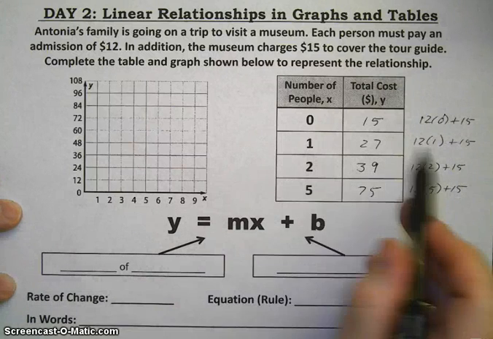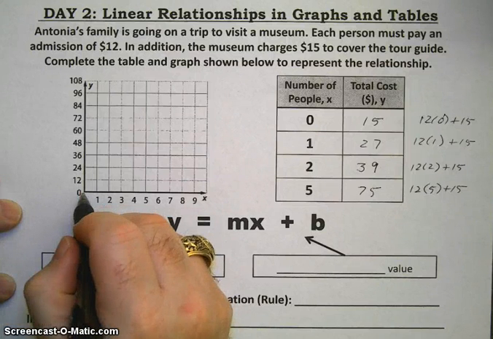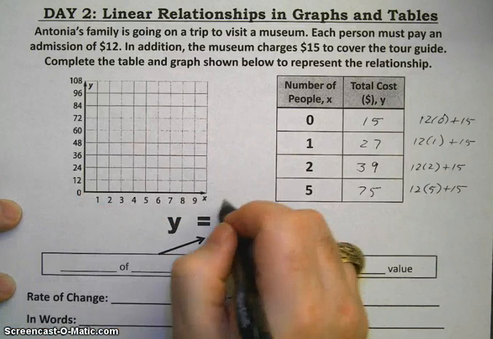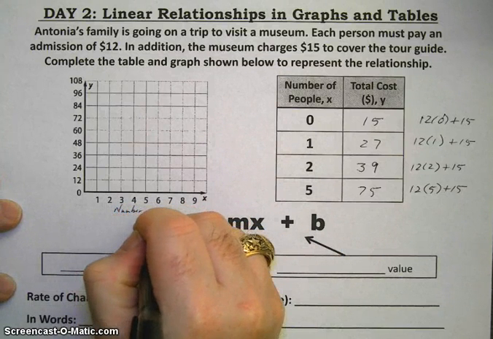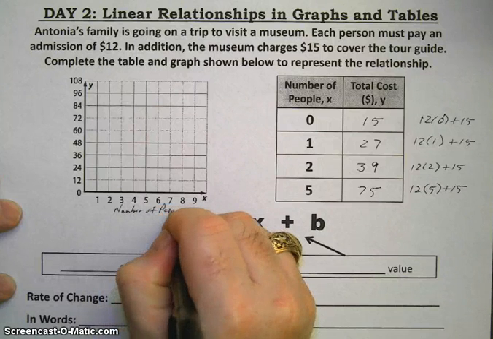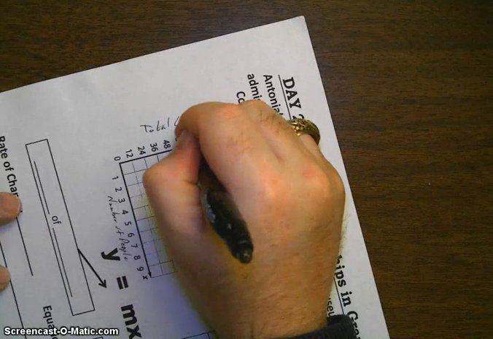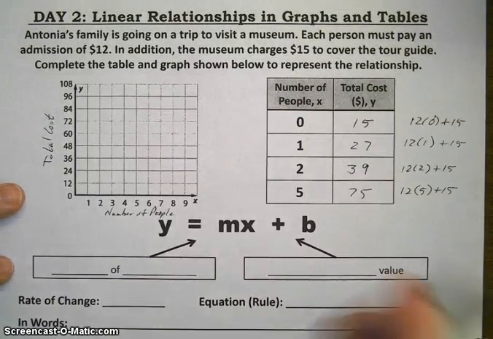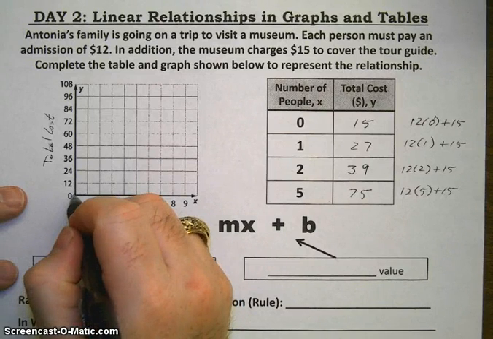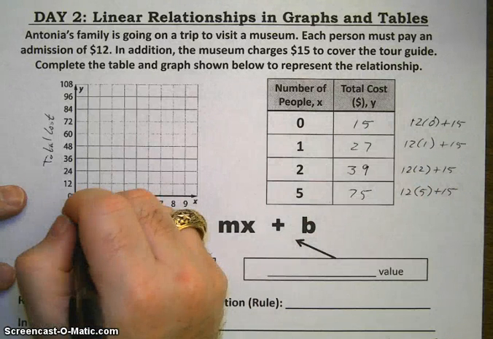Let's plot these points. We have 0, 15. Now on our scale, here's 0 people, and this one is total cost. Okay, so if we have 0 people, the cost was $15.